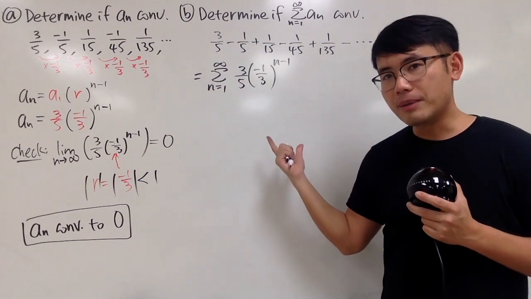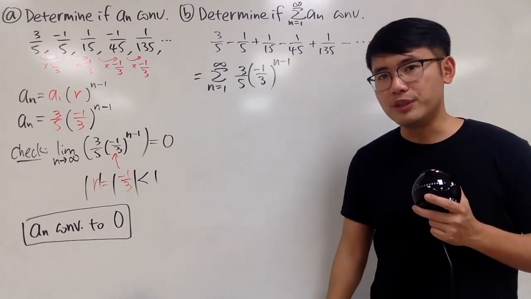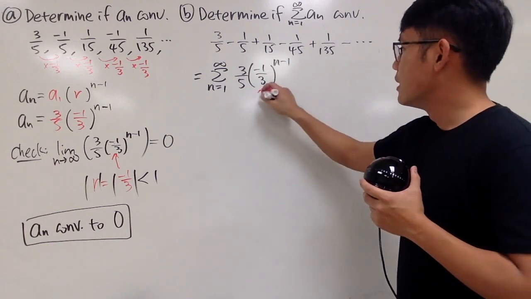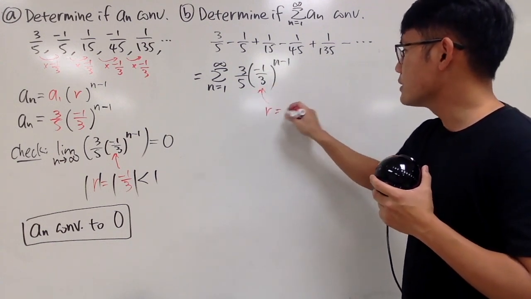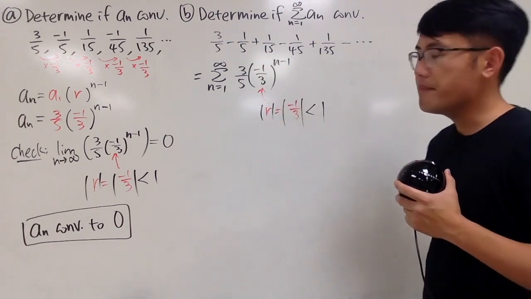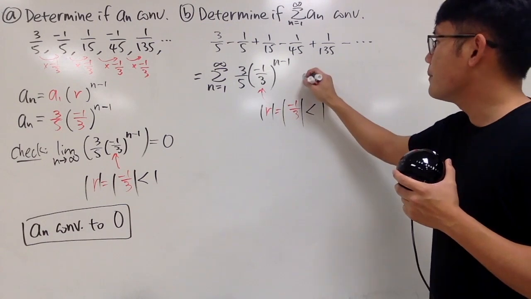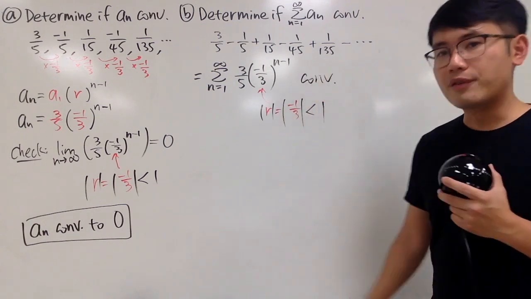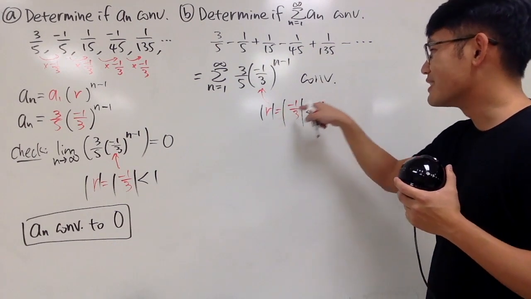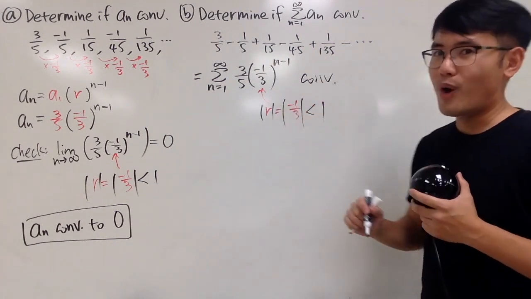Because we have talked about this already, this is the geometric series. We just have to pay attention to the r, because we have r equals -1/3, and when we take the absolute value, this is less than 1. We know this is a convergent geometric series, because the absolute value of r is less than 1.